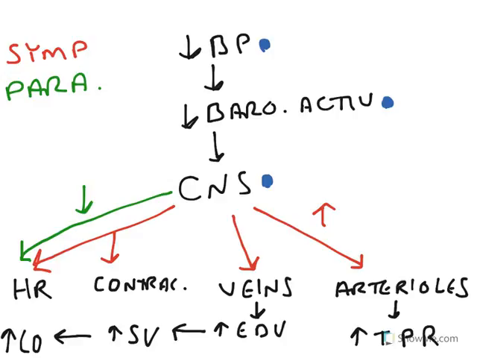But stroke volume is affected by other factors as well, and sympathetic activation also leads to an increase in the contractility of the heart, so how forcefully the heart muscle squeezes, and this in turn leads to an increased stroke volume as well. So we're increasing stroke volume from two different angles. We're increasing end-diastolic volume and we're increasing myocardial contractility, both of which are feeding into an increased cardiac output.